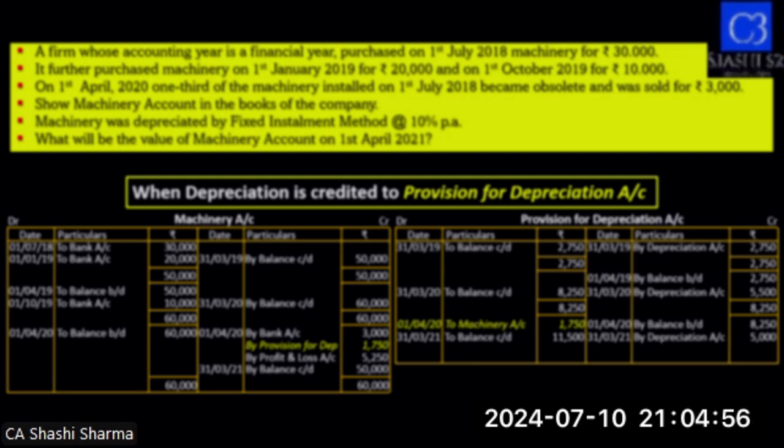This method is more understandable because when many types of machineries in a big company are purchased, then crediting the depreciation in the machinery account itself becomes cumbersome, difficult, and everything gets mixed up. You won't be able to identify the different machines purchased separately on different dates.